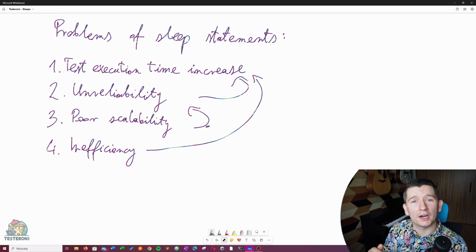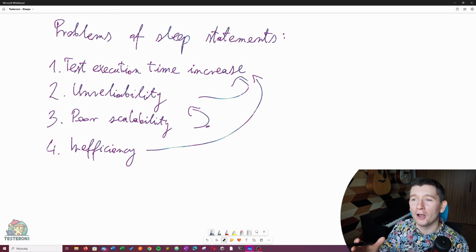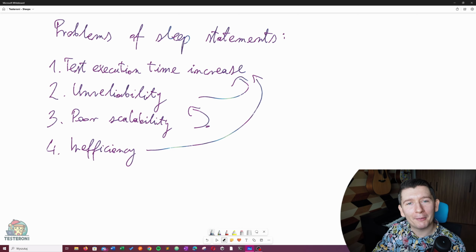Either way, they are going to be occupied by nothing. They are going to be occupied by idly waiting for something that may have, with high probability, already happened.